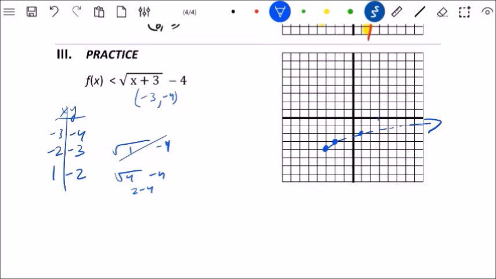So now we need to know which side to shade. We already know that we're not going to be here. Okay, so that's no, no. No in this area.